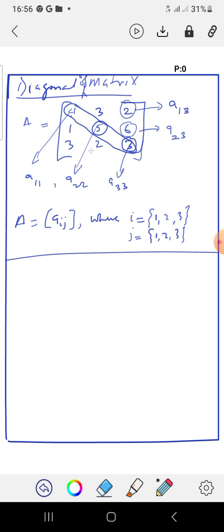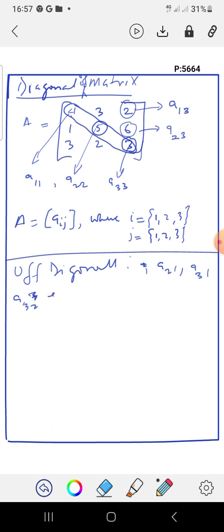So this is A21, this is A31, A32, and so on.